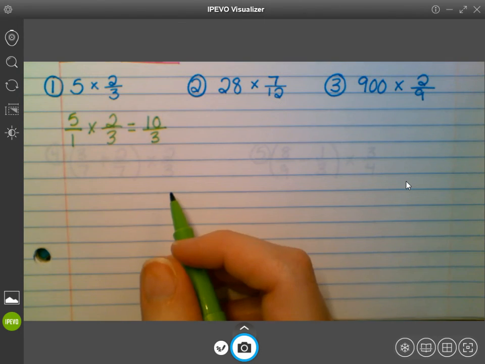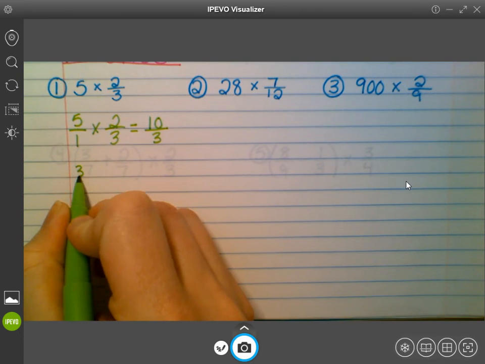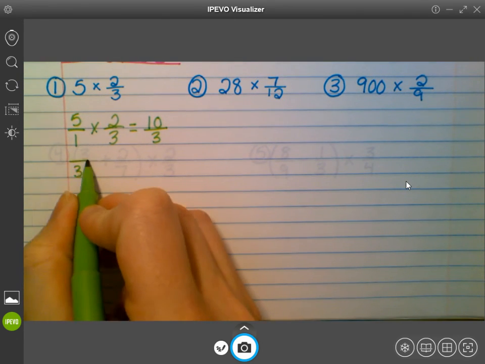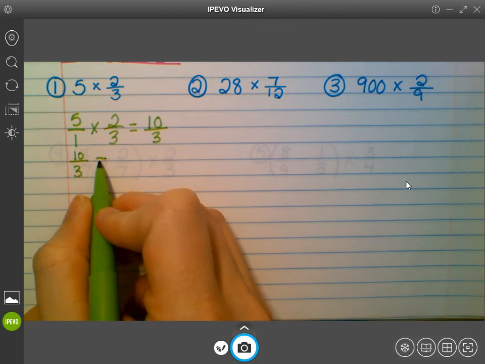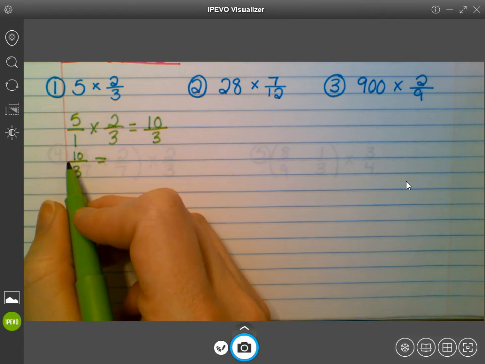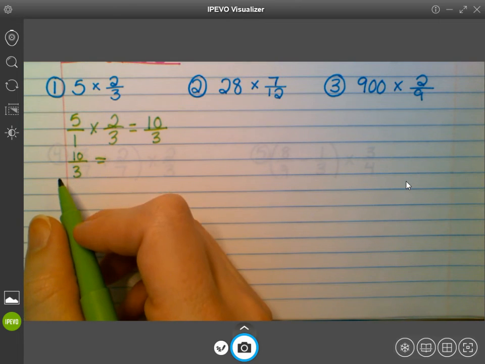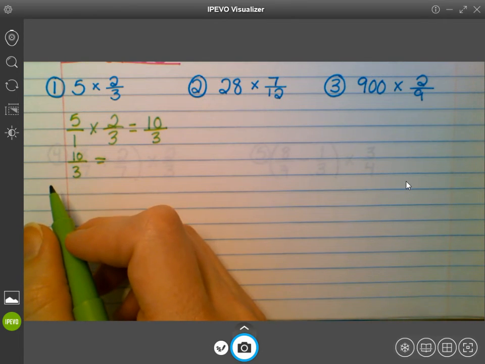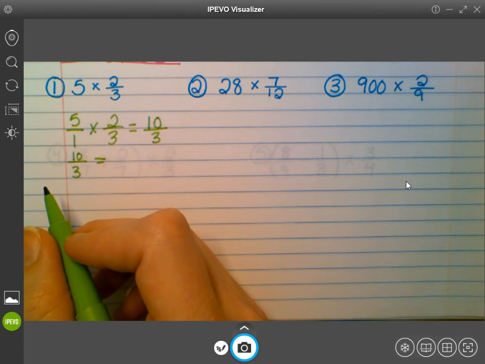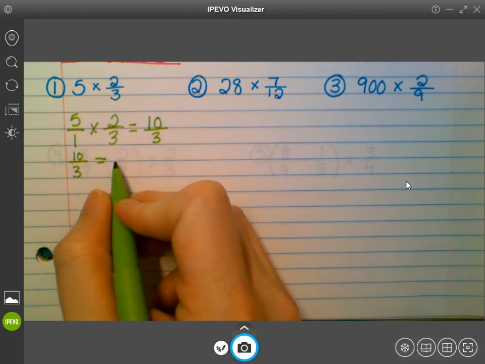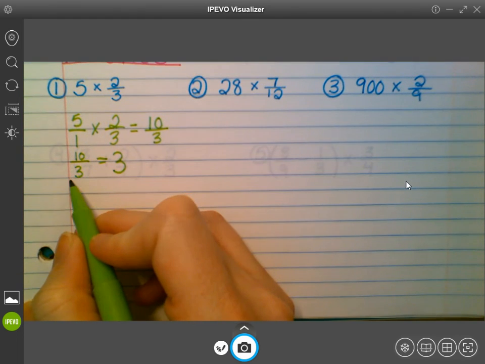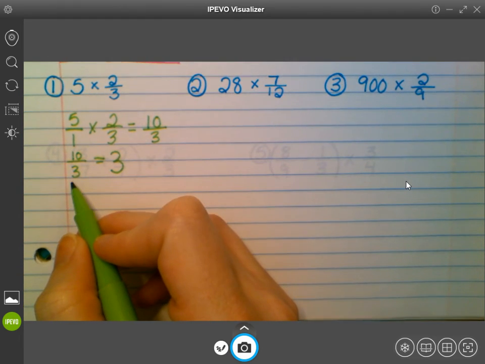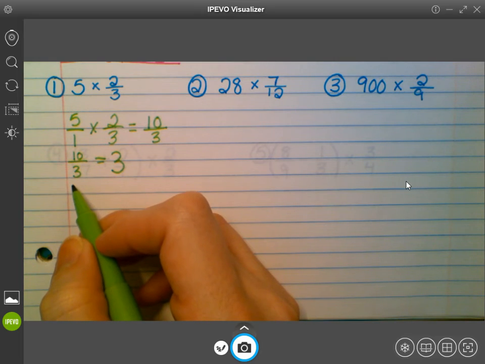Well, the way I do that, I'm going to rewrite it down here. 10 over 3. I ask, okay, how many times does 3 go into 10? Show me on your hand, how many times does 3 go into 10? 3 goes into 10 3 times. 3, 6, 9. So it goes in 3 times, so that 3 becomes my whole number. And then, so 3, 6, 9, how many more pieces do I need to get from 9 to 10?